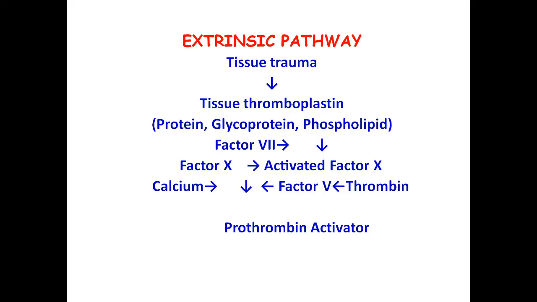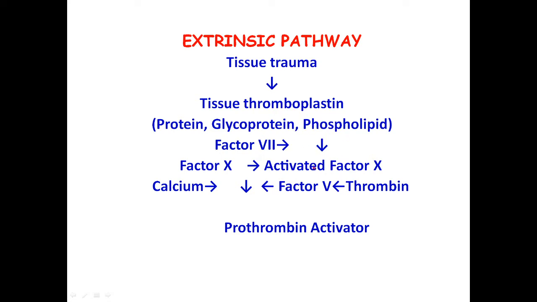Next is the extrinsic pathway, which starts with tissue trauma or tissue damage, which releases the tissue thromboplastin, that is factor 3, and the protein glycoprotein phospholipid. In the presence of the tissue thromboplastin, it acts on factor 7 and this factor 7 gets activated.